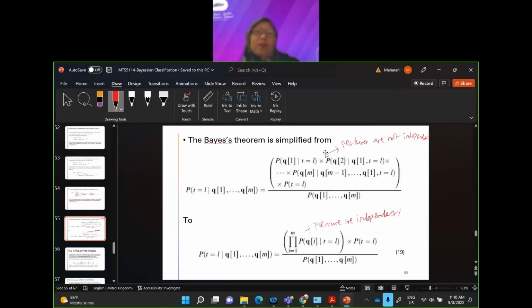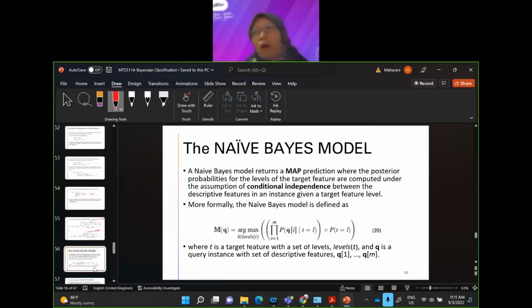Very simple now, compared with this. That's the definition of conditional independence.